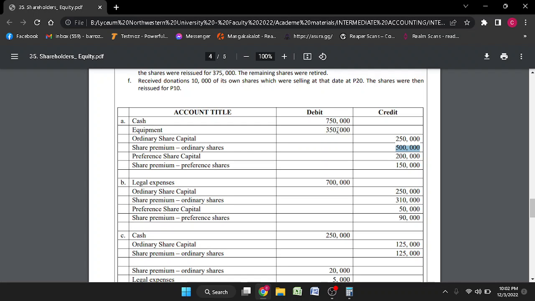Here, the fair value of the equipment was deducted, and the excess over the par value was allocated to the share premium account. If you total the debits and credits, it should come up with the same amount.